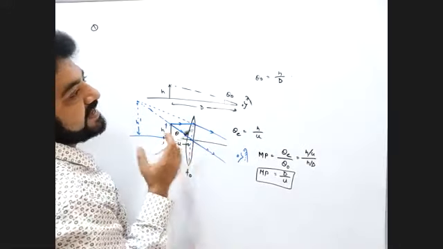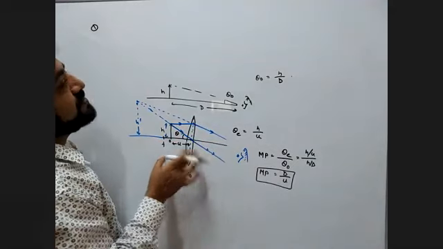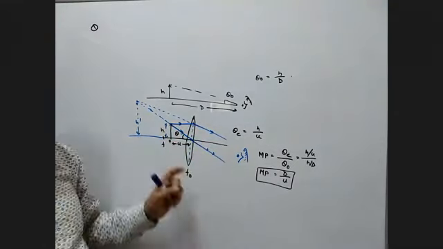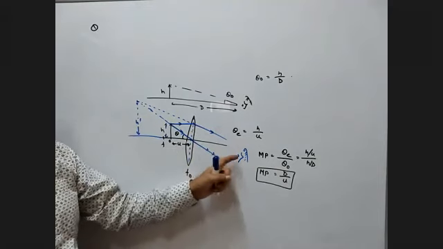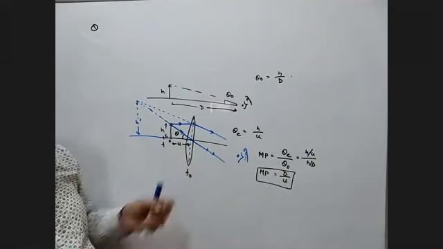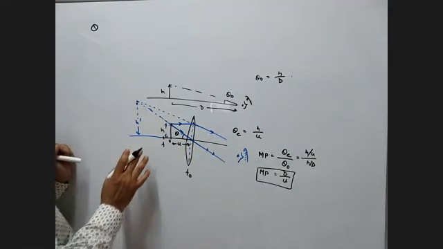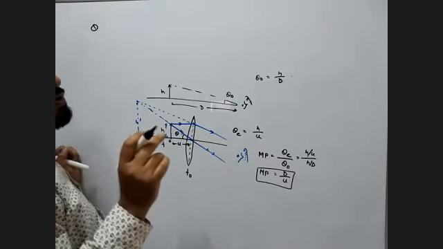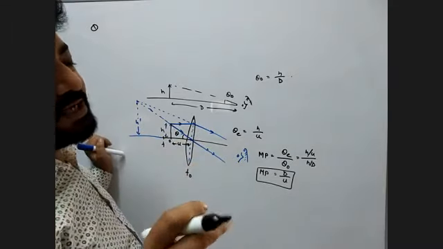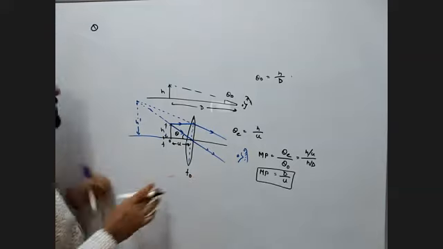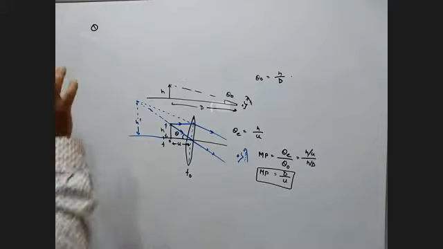Here we can use u, but from the next question everything is the same, but instead of u, as we use the eyepiece part, we use u e, e for eyepiece. For this one we use u. Next, u becomes u e, v becomes v e, f becomes f e, because we use the eyepiece part.